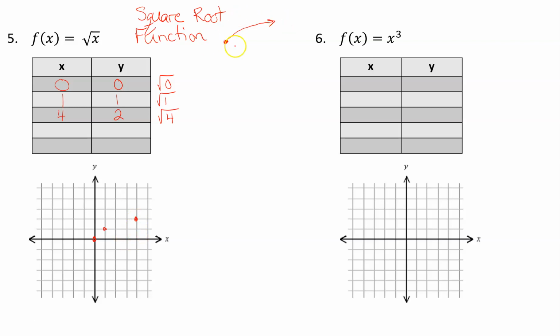Okay, now remember, look up here at the shape. So it's going to start here at (0, 0). It's going to curve through these points, gradually going up. So you put just an arrow on the right end, and that is the square root function.